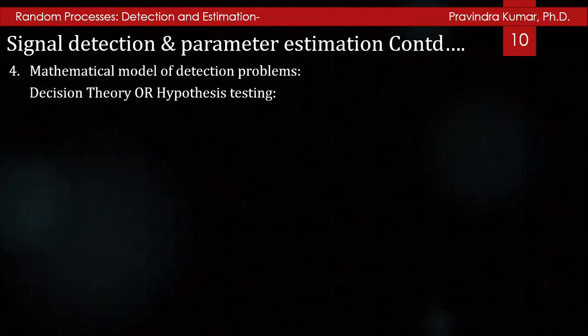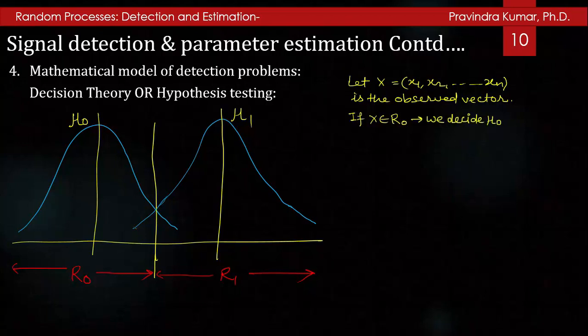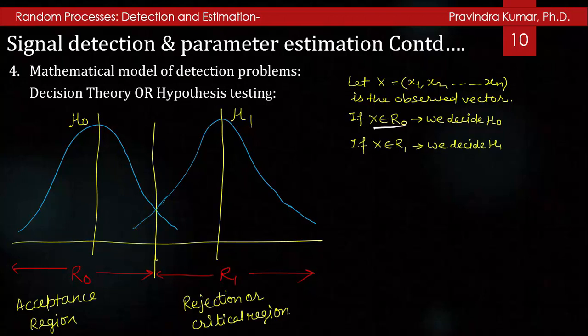Hypothesis testing is a decision process where we divide the observation space into two regions R1 and R0. Let x equal x1 to xn be the observed vector. If x belongs to R0, then we decide H0, and if x belongs to R1, we decide H1.